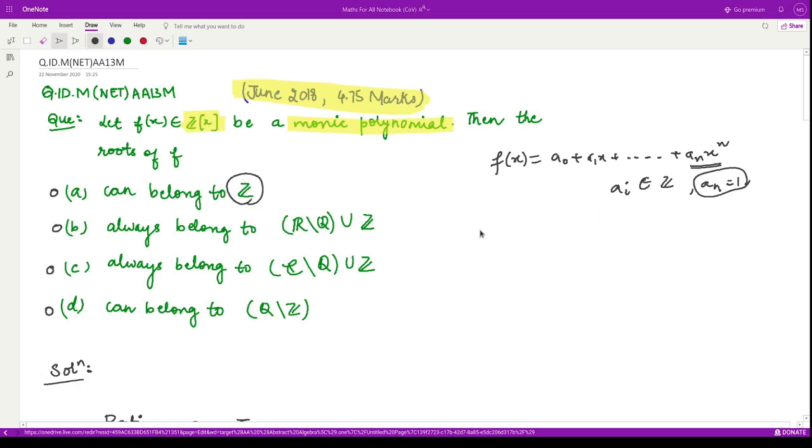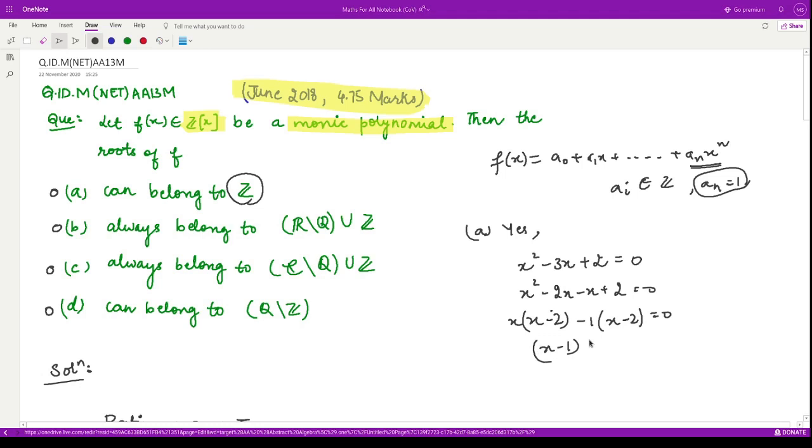Yes, the answer to this question is yes, because there are polynomials of this form, x square minus 3x plus 2 equal to 0. Now you can factorize this. You'll see that 2 and 1 are the roots of this polynomial.